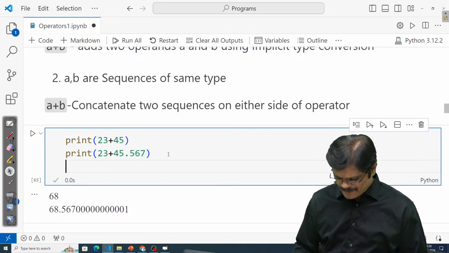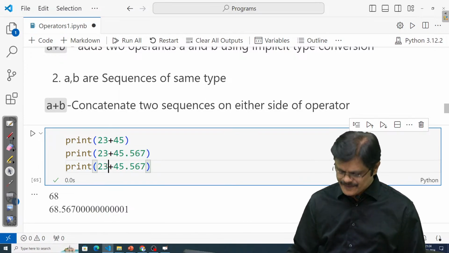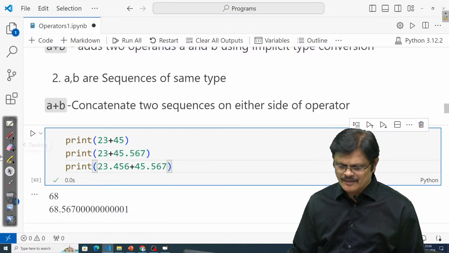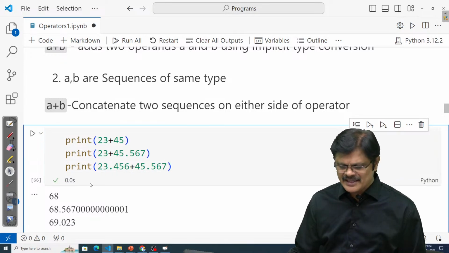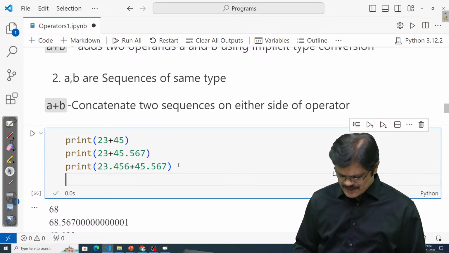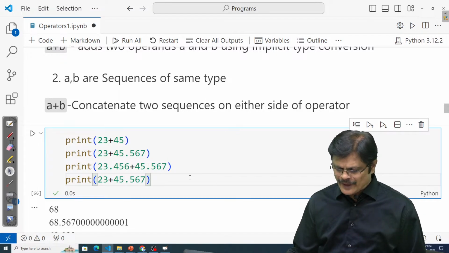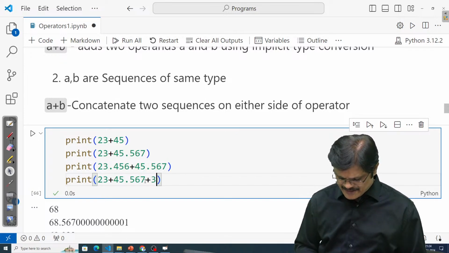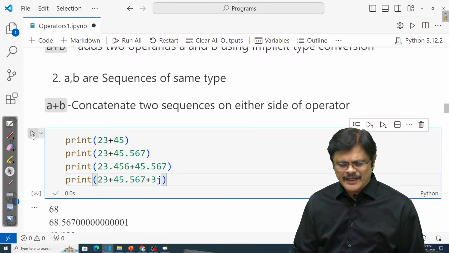Suppose I am having both floating point numbers, the result is floating point only. Suppose one is complex and the other one is integer. I'll just make it complex like 3j. The result will be complex type.